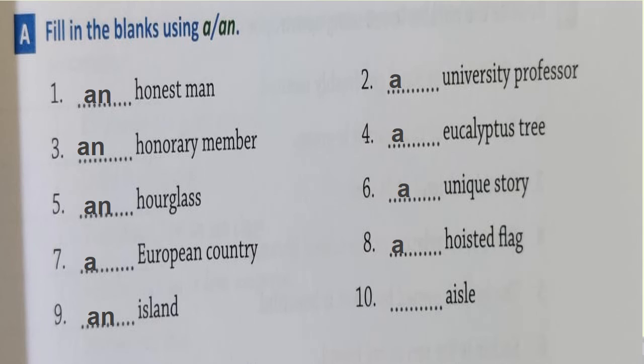Number 9, an island. And number 10, dash aisle. An aisle. Now children, an aisle is a passage between two rows of, say, seats kept on both the sides, or there can be shelves.